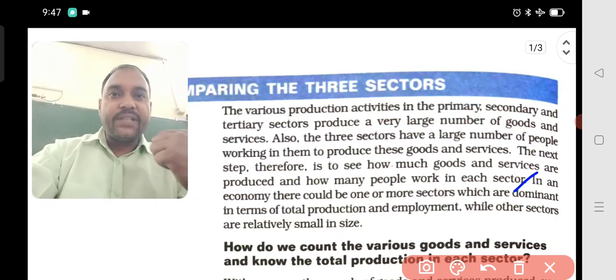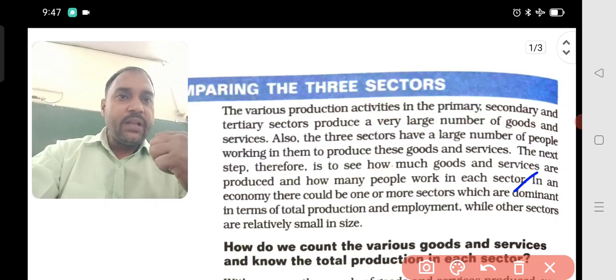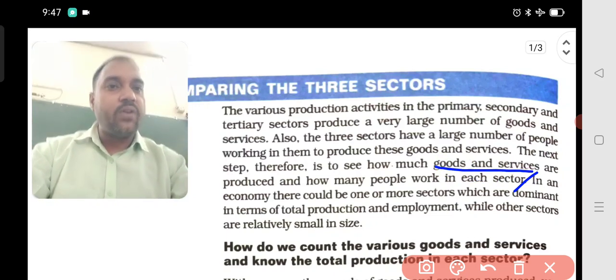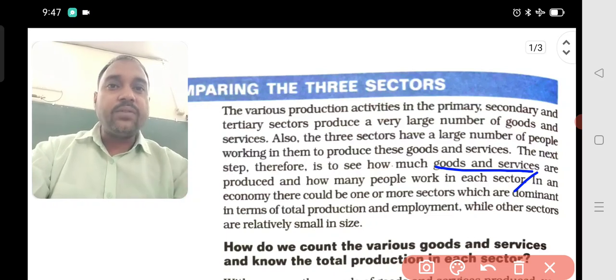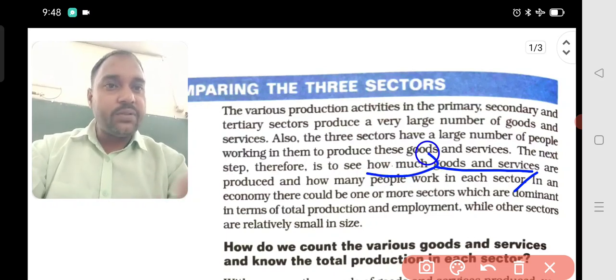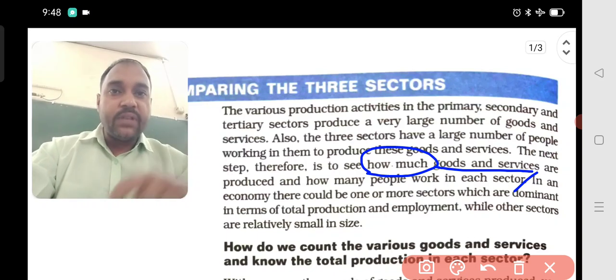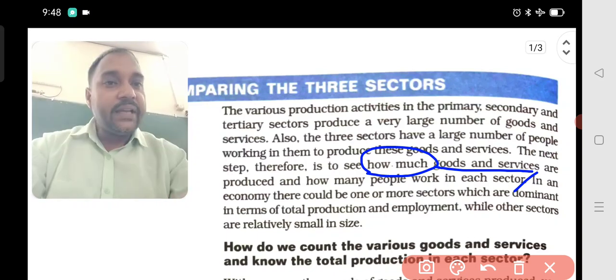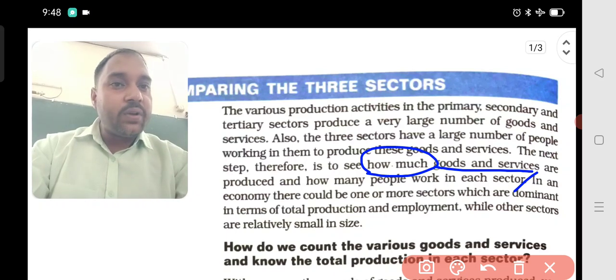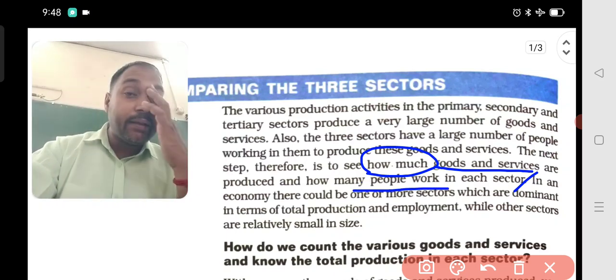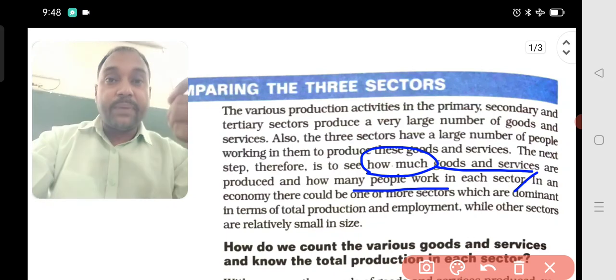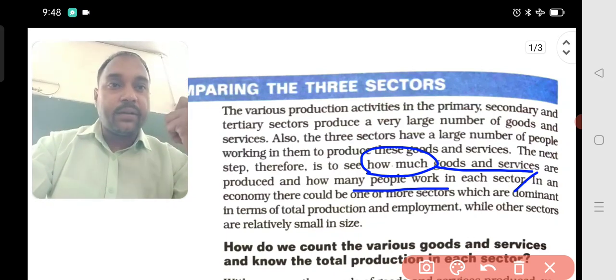Now the third line states that the goods and services which we produce in the economy, now we have to calculate how much goods and services are to be produced. Till now, how much goods and services have been produced in the economy, we have to calculate this, and to know how many people are working. It means to how many people we have provided the employment.